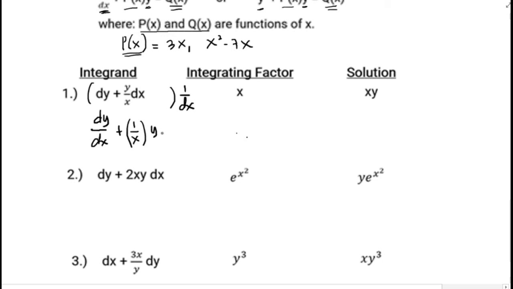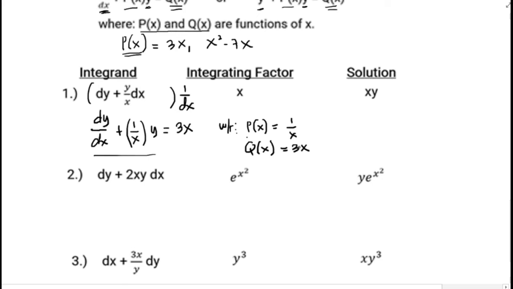As you can see, these two terms constitute the left side of the standard linear equation. And to make this into a complete linear equation, there should be a function of x on the right side. For instance, we can add here 3x, just as an example. From this equation, our p(x) here is equal to 1 over x, and our q(x) is equal to 3x.